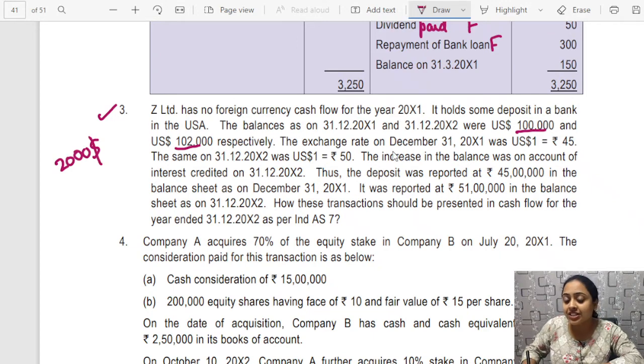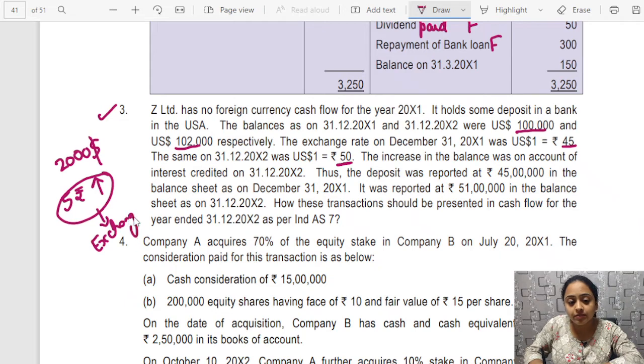The exchange rate on 31st December 2001 was 45, and on 31st 12 2002 it increased to 50. So there has been a 5 rupee increase as well. This 5 rupees is exchange gain or loss, whereas this $2000 is itself an increment in the asset.